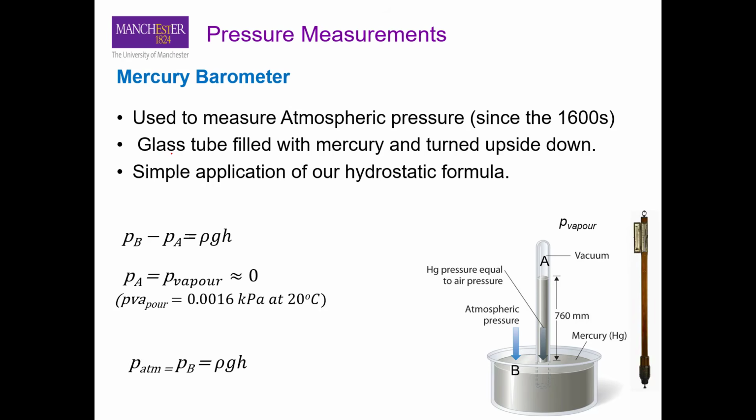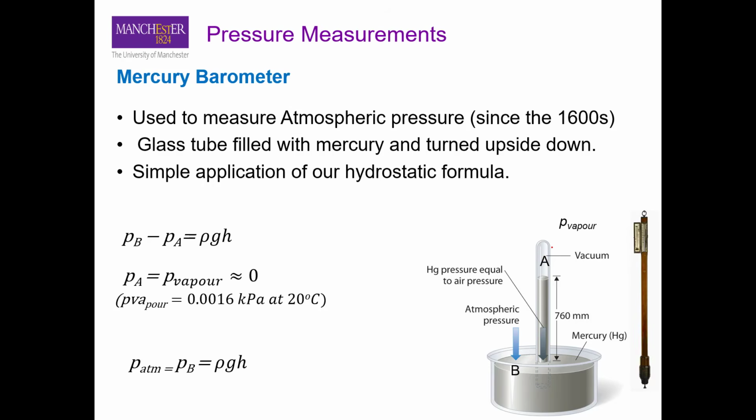It consists of a glass tube that is filled with mercury, and then it is turned upside down into a beaker that is filled with mercury as well.